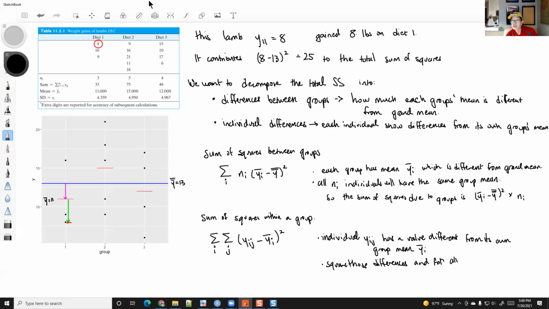Chat, oh boy. It says, for the sum of squares between groups, what is the n sub i? N sub i is the number of observations in group i.